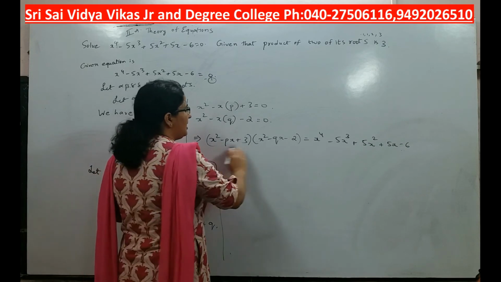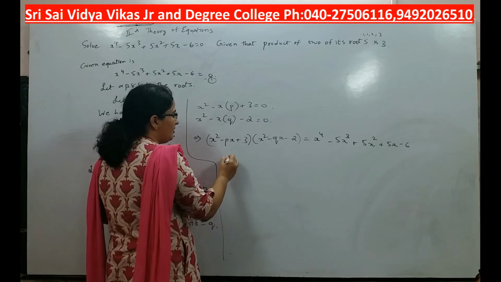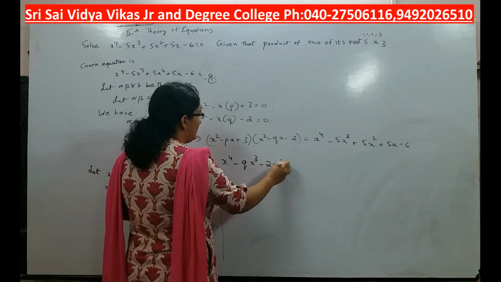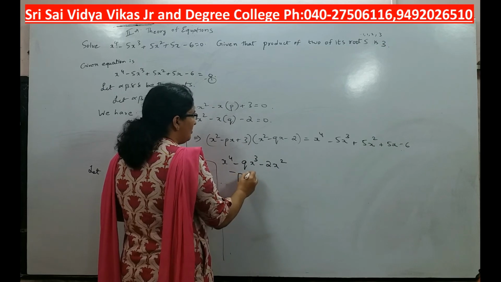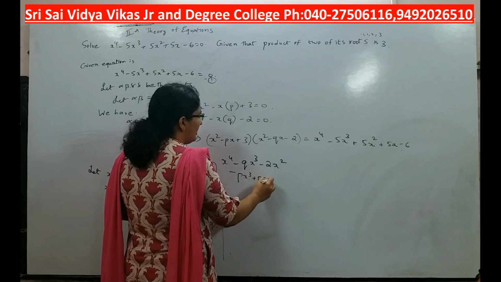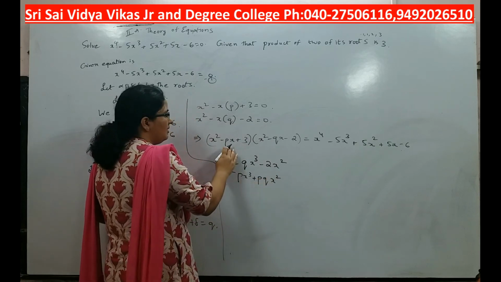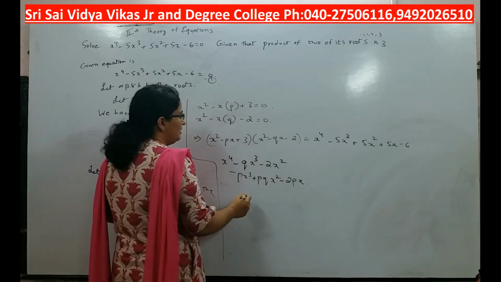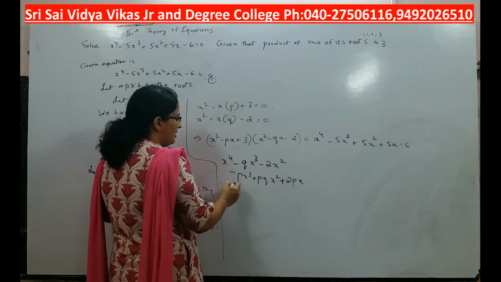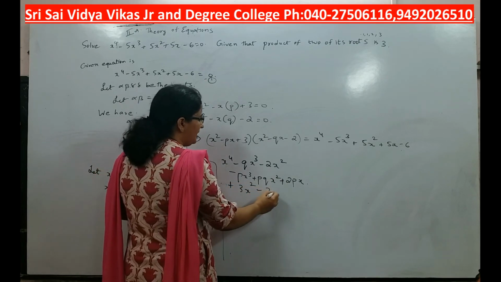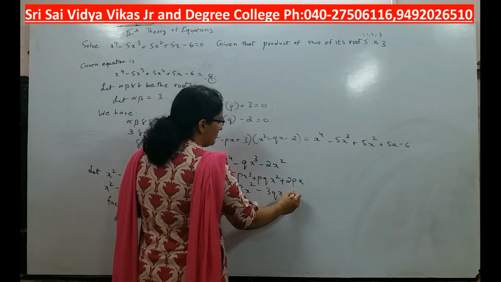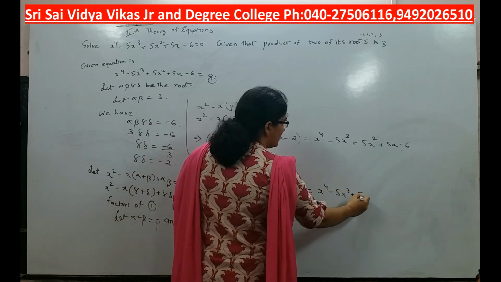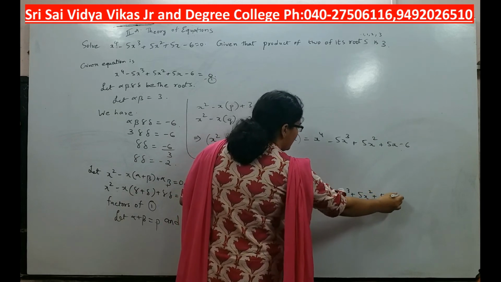Now let us multiply this equation. What do you get? x power 4 minus qx cube minus 2x square minus px cube plus pqx square minus 2px, plus 3x square minus 3qx minus 6 is equal to x power 4 minus 5x cube plus 5x square plus 5x minus 6.